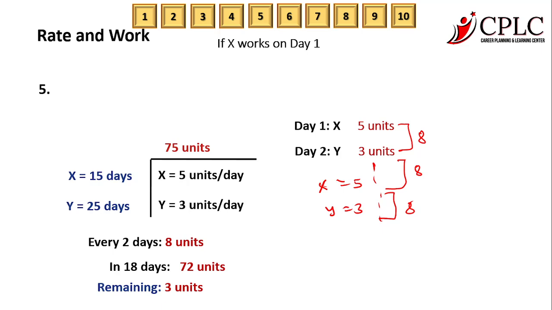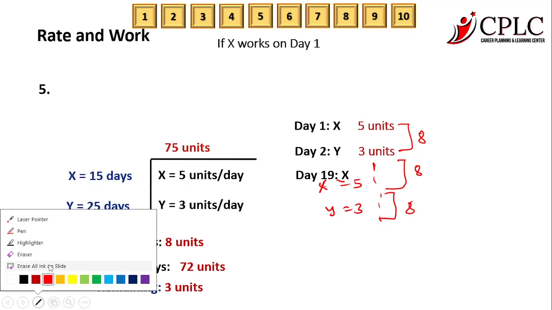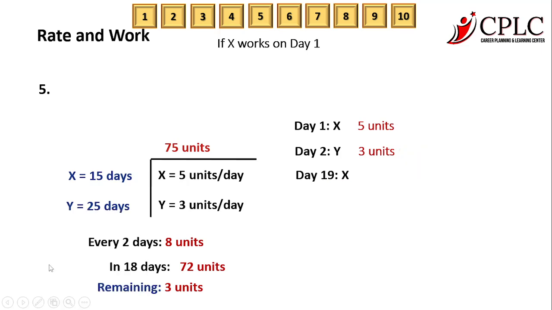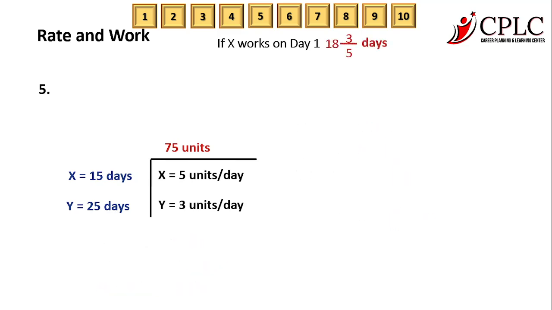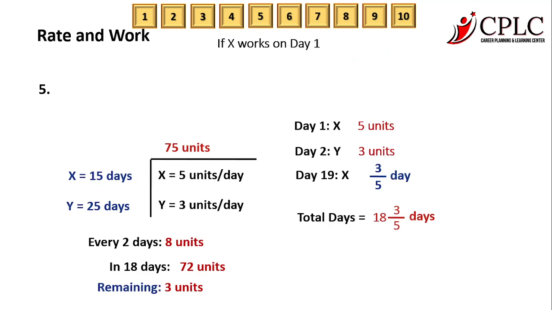So only 3 units are left. And if X goes on the 19th day, he has to simply do 3 units, and for doing those 3 units, he will not take the entire day. He will take only 3/5 of a day. So the point is, if X starts on day 1, then the answer is 18 full days, and on the 19th day only 3/5 of a day is required. So 18 and 3/5 is the answer in the first scenario.